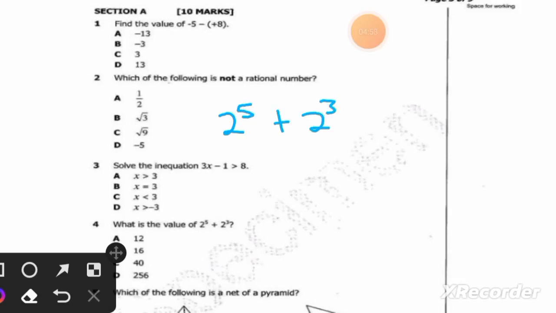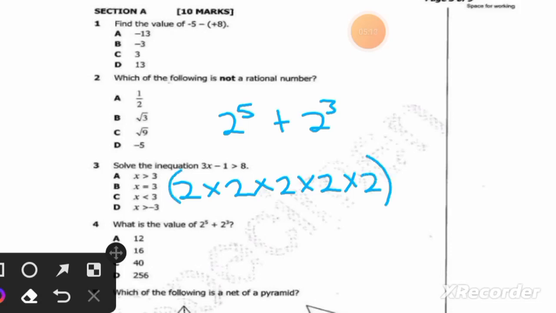So 2 to the power 5, we are simply saying 2 times 2 times 2 times 2 times 2. Let us put them in brackets so that we can make our work easy. Plus open bracket 2 times 2 times 2.